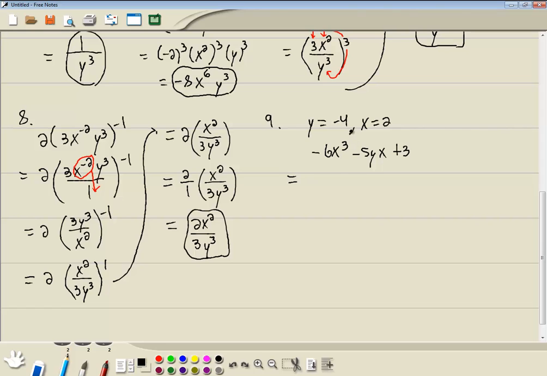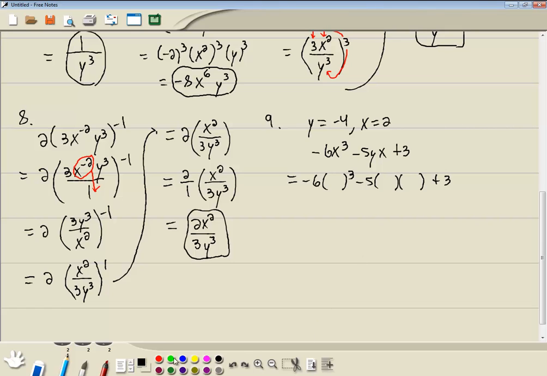Well, to evaluate this polynomial, we're going to go through and replace all of our variables with parentheses. So I got negative 6 times parentheses to the third power minus 5 times parentheses plus 3.